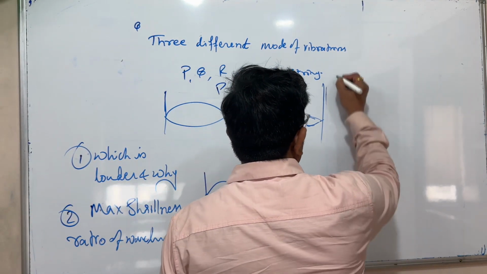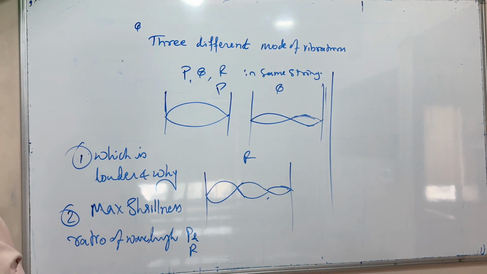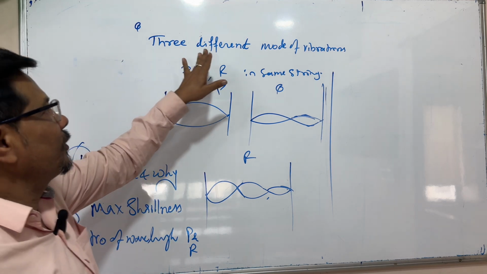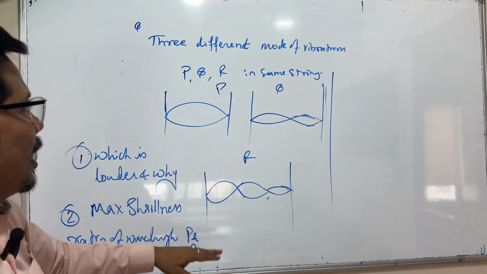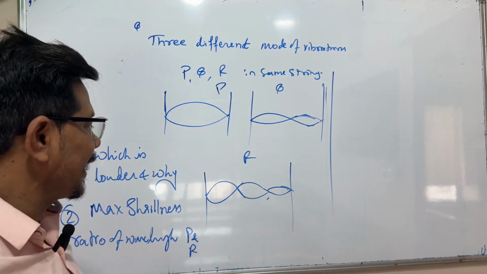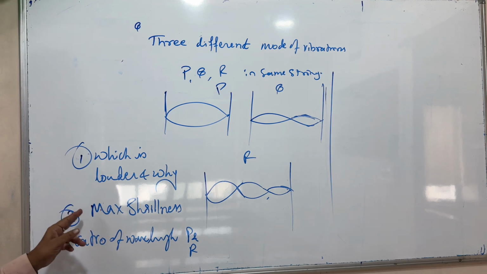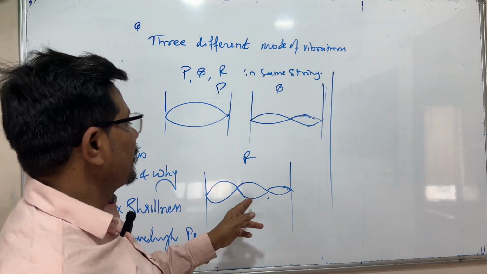Now, before doing this question, I want to explain something, but we must know what the question is. Three different modes of vibration, P, Q, R, have these three diagrams. Which one is louder and why? Which has maximum shrillness, meaning sharpness, and what is the ratio of wavelength of P and R?